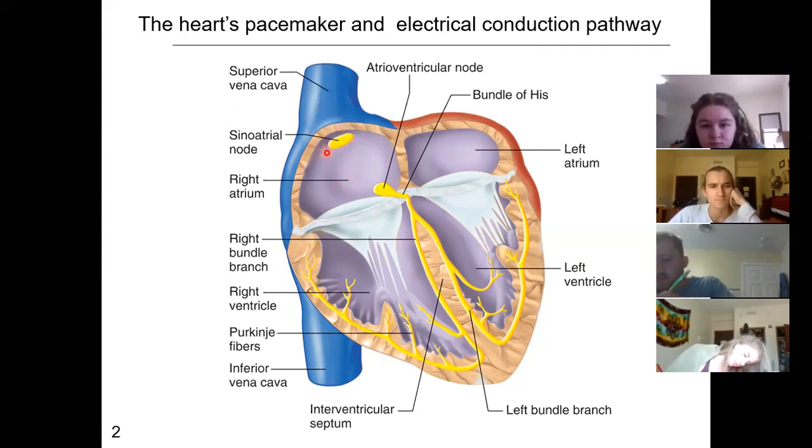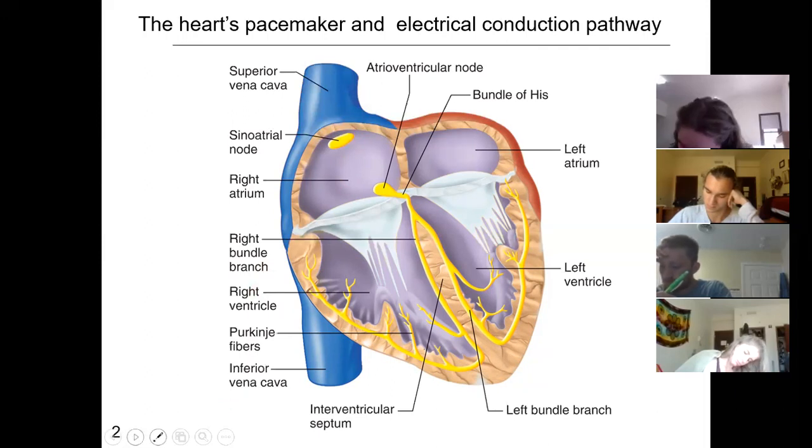So pacemaking in the sinoatrial node spreads throughout the atria, and then it is going to spread through a specialized electrical pathway through the ventricles. So let's start, in the next slide, with how the sinoatrial node paces.